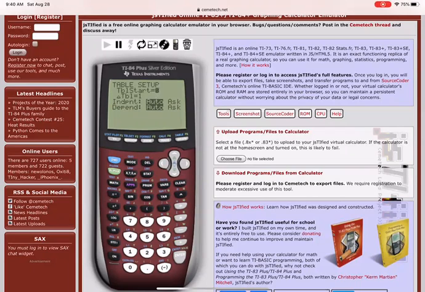I'm going to do the exact same thing that I did manually. You can leave the table start as is. You can leave the change in table as is. The independent variable is the x variable. The dependent variable is the y variable.